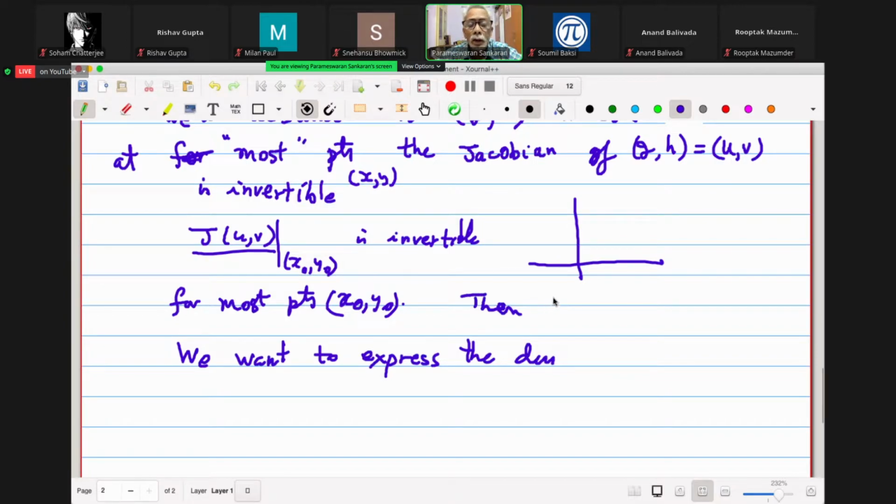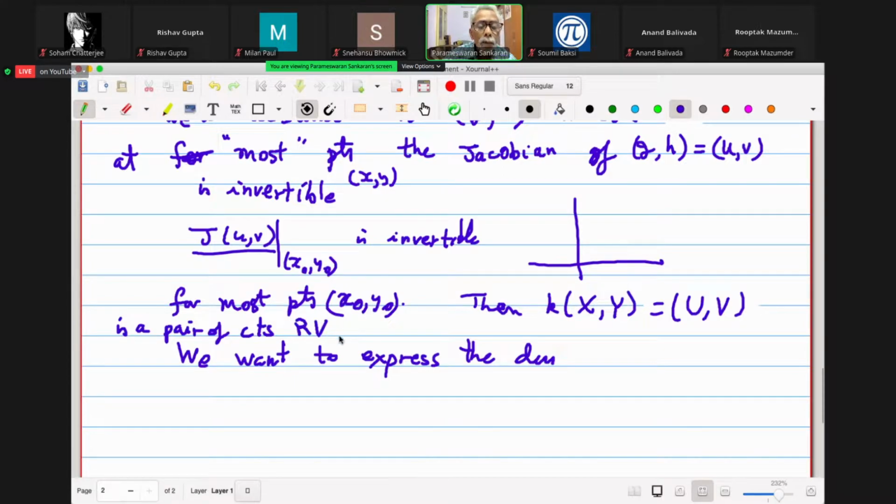Then whatever I wrote, K of x comma y, which I write as u comma v, is a pair of continuous random variables, and we want to express the joint density function.